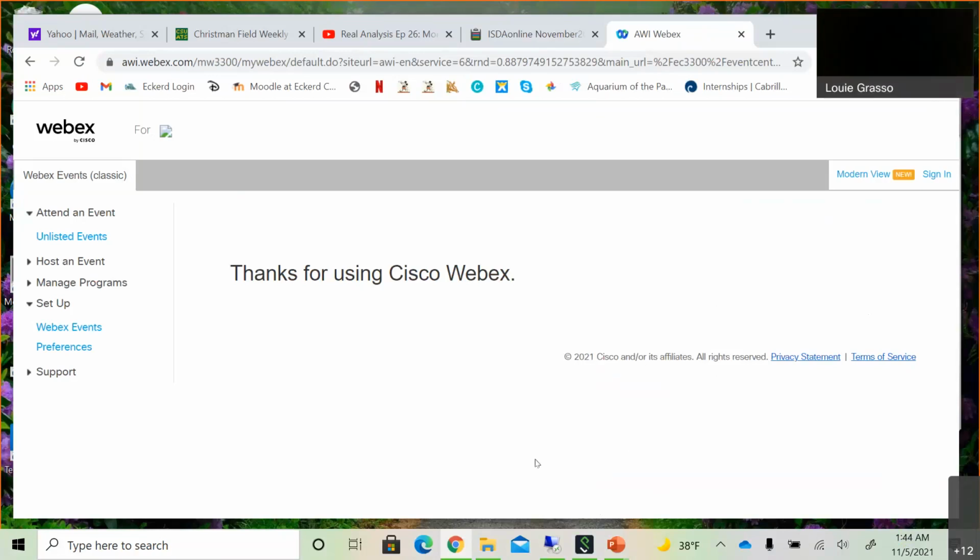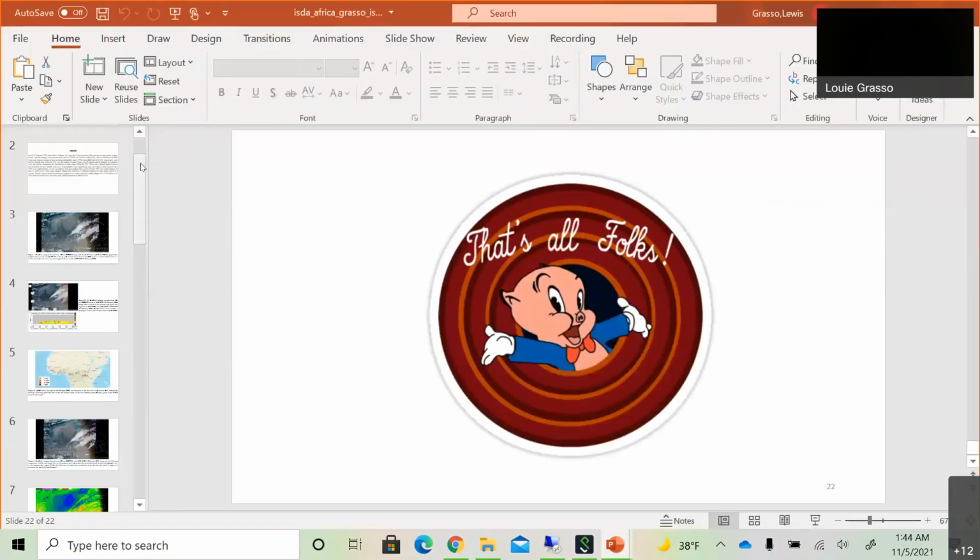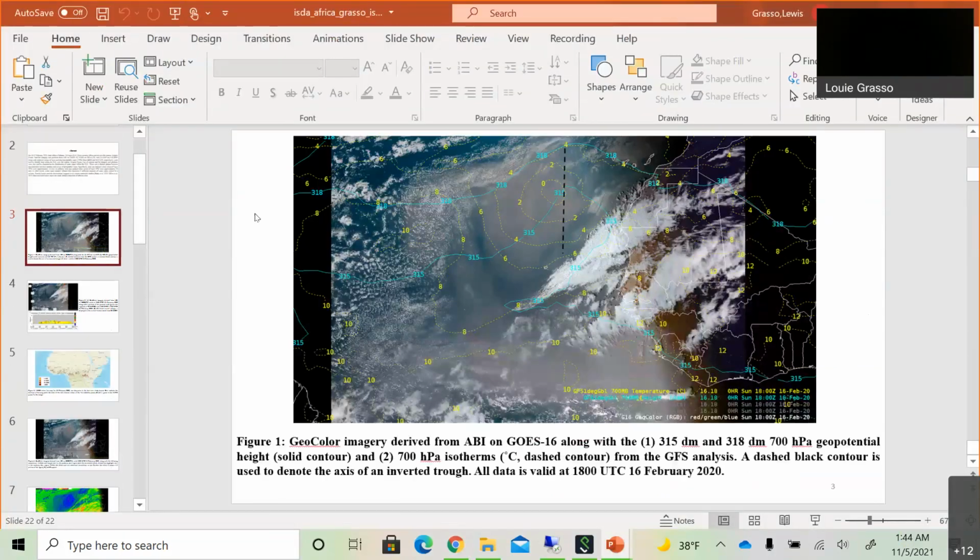No, that's one of the benefits of using the split window, because these are infrared channels, and so there is no solar component. The solar component is very important for what I had shown earlier. I'll bring it back up. For example, this image here, where we can actually see the dust.